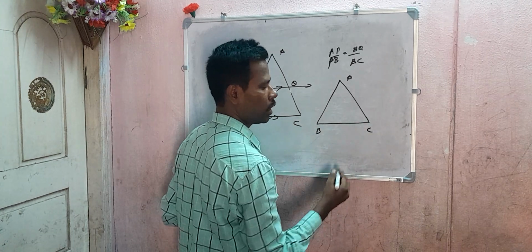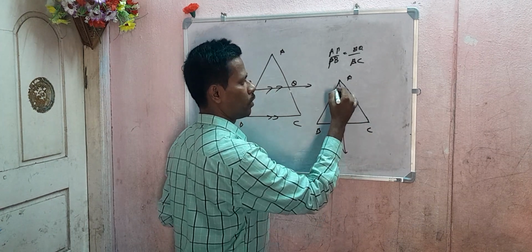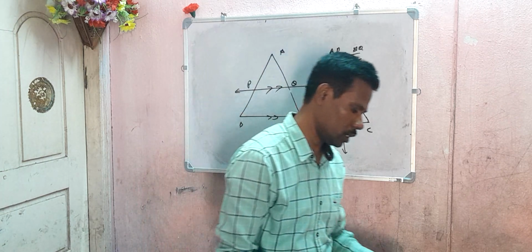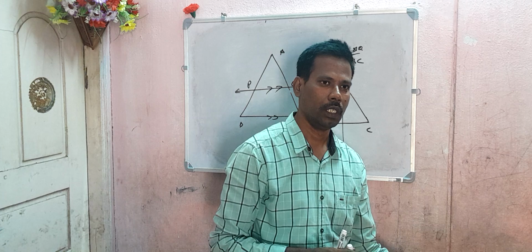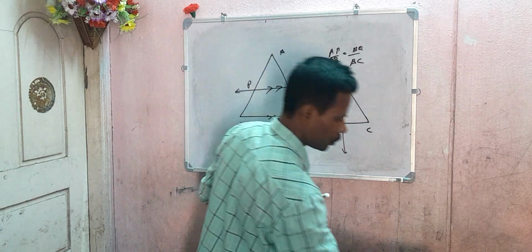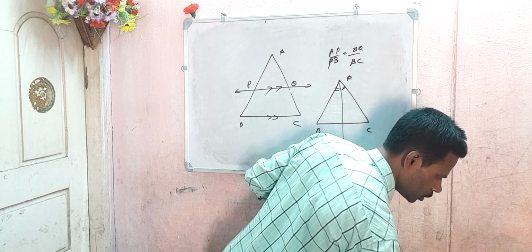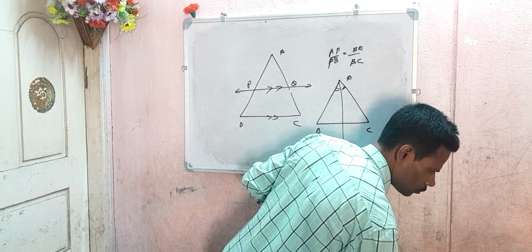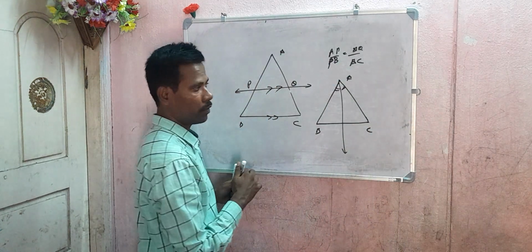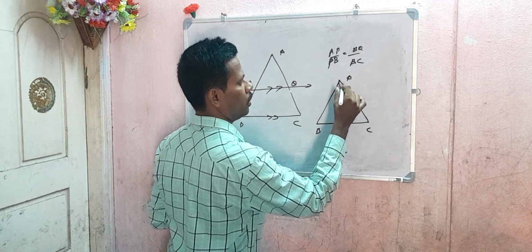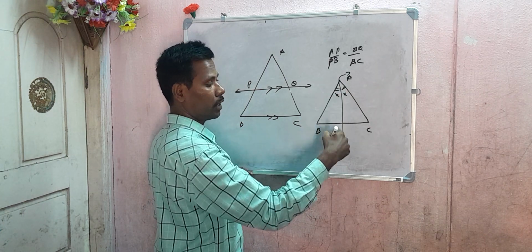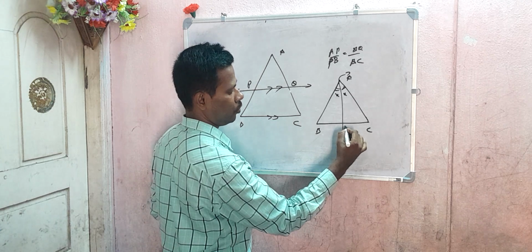Next, the vertically opposite angle theorem. What does it state? The bisector of the vertical angle, this is the vertical angle, divides the other two sides in the same ratio.